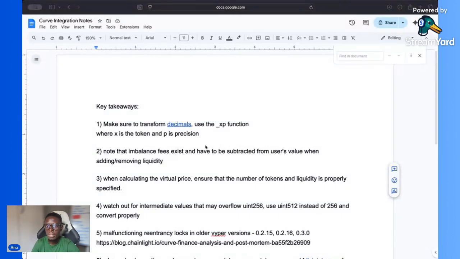Now, the vulnerability here was because of the reentrancy locks. So in earlier versions of Curve that utilized those earlier versions of Vyper in those pools, the reentrancy lock was not stable. It was something that affected the storage layout. You'd store the mutex in this slot, and then it is unavailable to be read when called again.